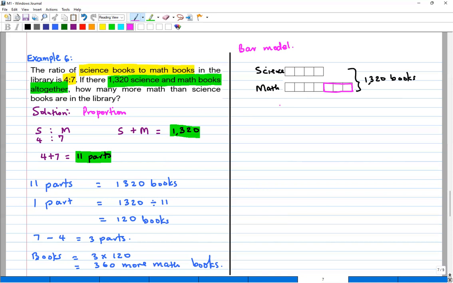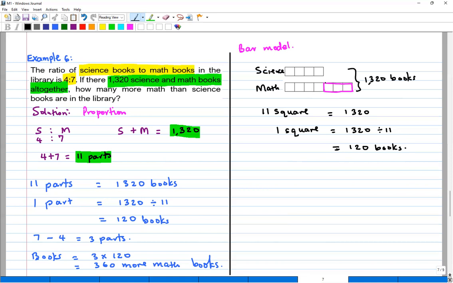You see, now we know that all of these we are having 11 squares, and they are equal to 1,320. What about one square? This will be 1,320 divided by 11. And we have already seen that that is 120 books.